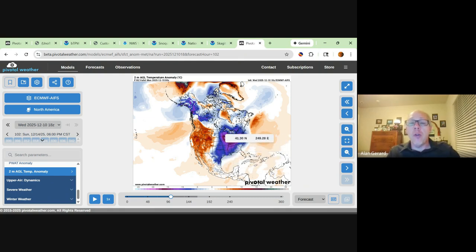But the core of the coldest air really looks like it's going to be centered over the lower Great Lakes and Ohio Valley region.